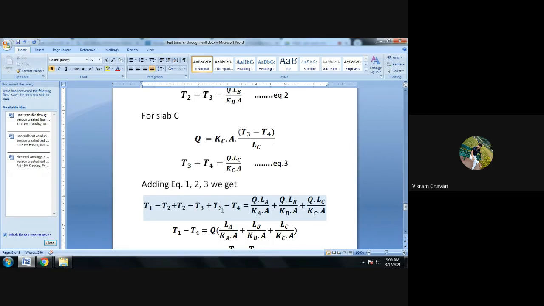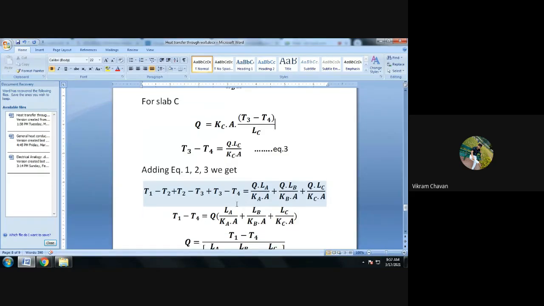From the left side, the only remaining part is T1 minus T4.